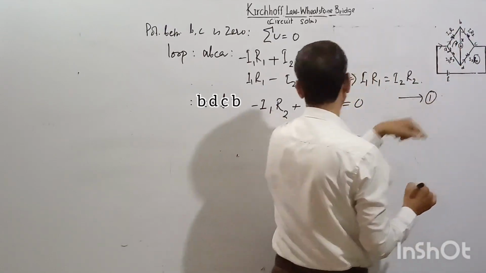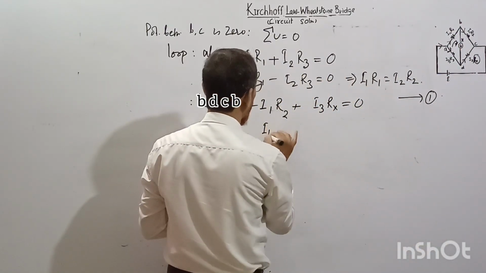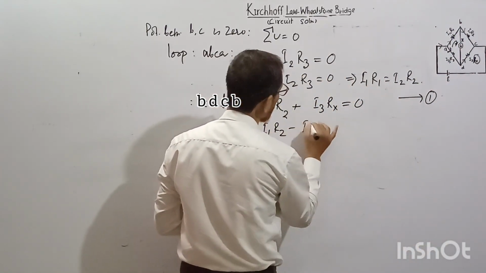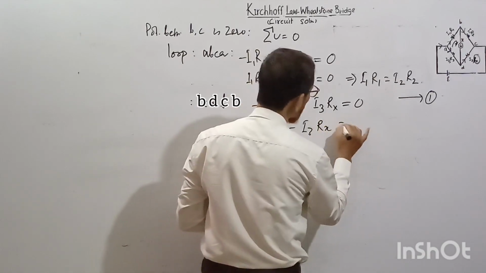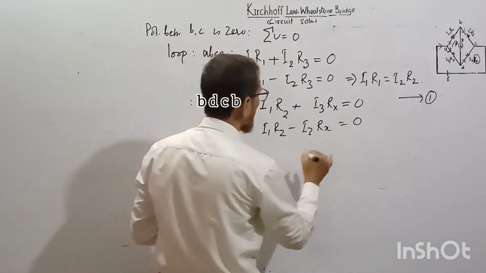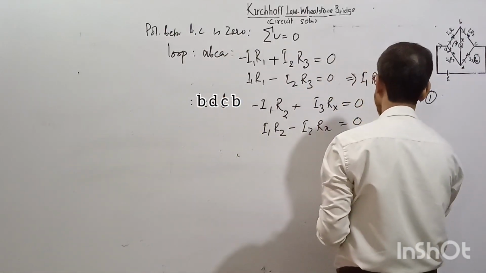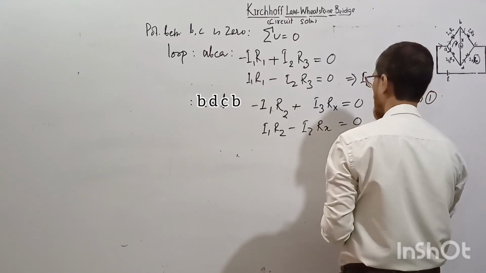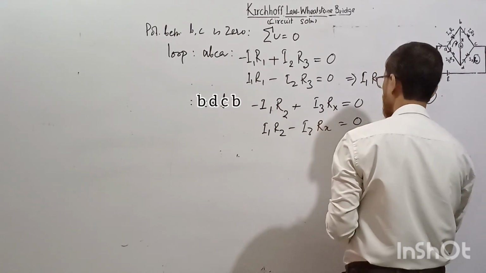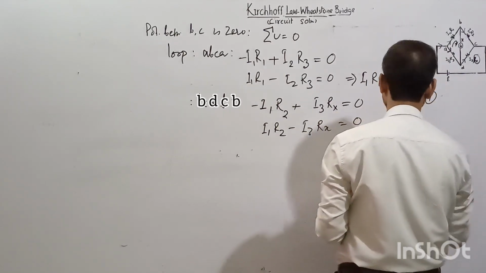We will not consider this one. Or you can write I1 R2 minus I3 Rx. In both cases your assumption is correct. So from this you get I1 R2 is equal to I3 Rx.